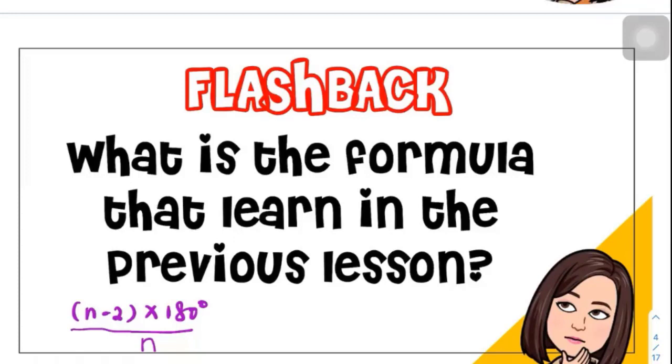How about the others? Inshira, yes. Is the formula correct? Okay. When we determine the exterior angle of a regular polygon, we use 360 over n.